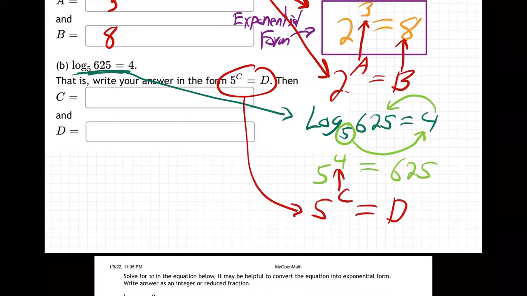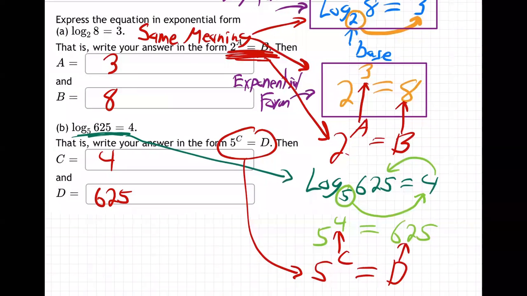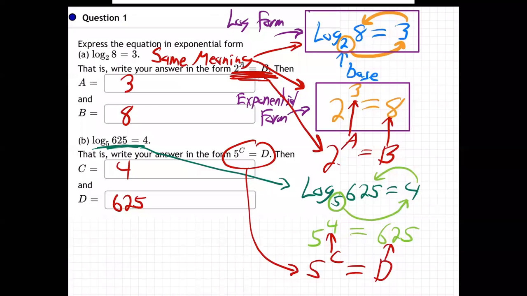So what is C? 4. What is D? 625. So C is 4, D is 625. And there we go. So we've changed two expressions from log form to exponential form by doing the little switch thing. You grab the base and you do the switch. And there we go.